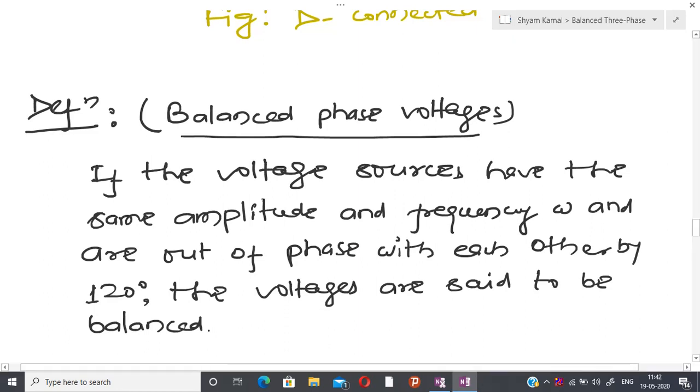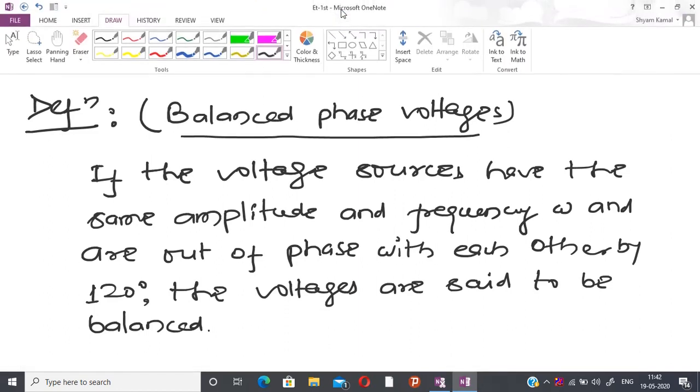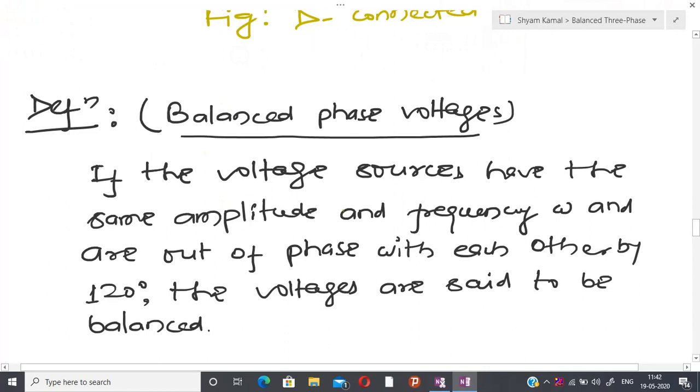If these 3 different voltages have the same magnitude and the same frequency, and they are out of phase with each other by 120 degrees, then the voltages are said to be balanced. So that is the meaning of balanced phase voltage.